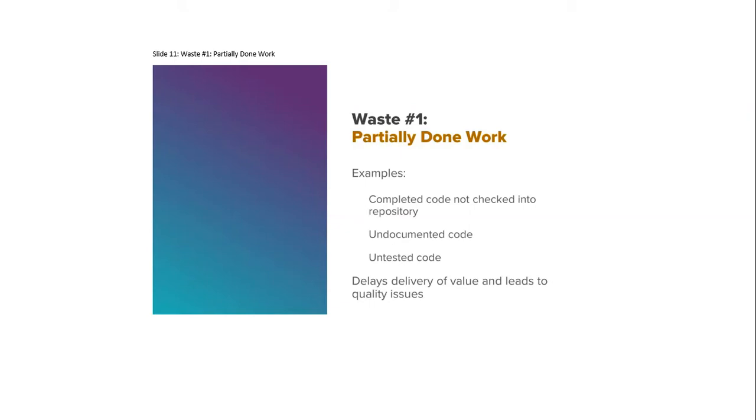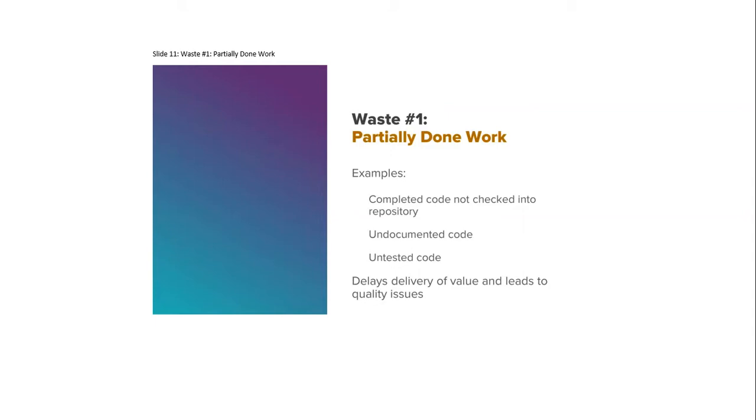The first waste is partially done work. This is code that is completed but not checked into the origin version, or undocumented code, or untested code, or code that is not yet in production. These are the partially done work wastes which may be applicable in software development.